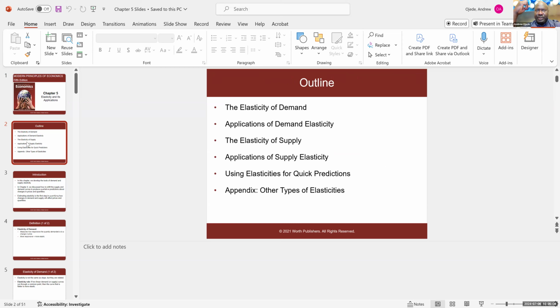And then we can use elasticity for quick predictions. The appendix to this chapter also gives you knowledge of other types of elasticity like income elasticity or cross elasticity of demand. But we're going to be focusing primarily on price elasticity of demand and elasticity of supply.